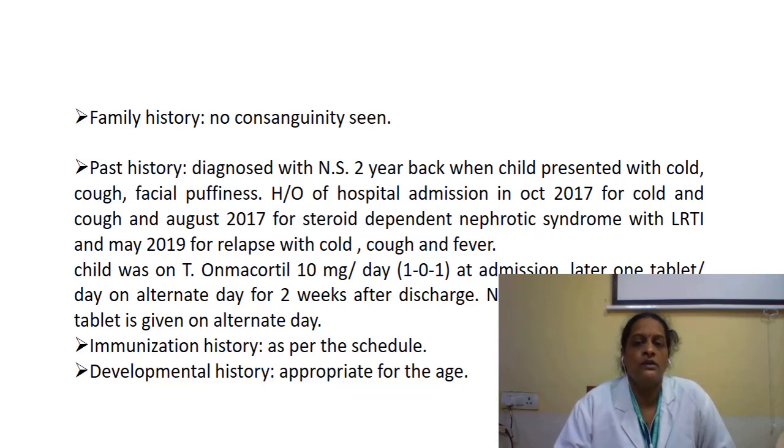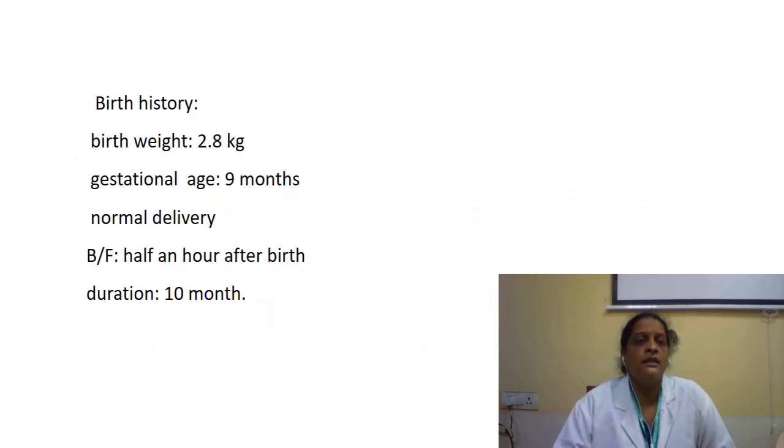For the last 1 month the patient has been on 5 milligram of prednisolone. The parents said the child was immunized as per schedule, and developmental milestones were appropriate for age. Birth history: birth weight was 2.8 kg, gestational age 9 months, normal delivery, and the baby cried after delivery.